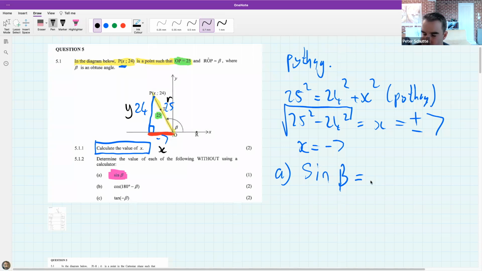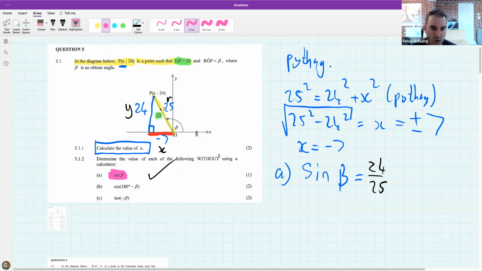You can come and join us now. So I see Dawn is locked in an answer. So the sine of beta is just going to be 24 over 25. Beta forms this angle, and then all we do is we read off the sides like this. Yeah, that wasn't too bad. So that's 1 mark in the bag.